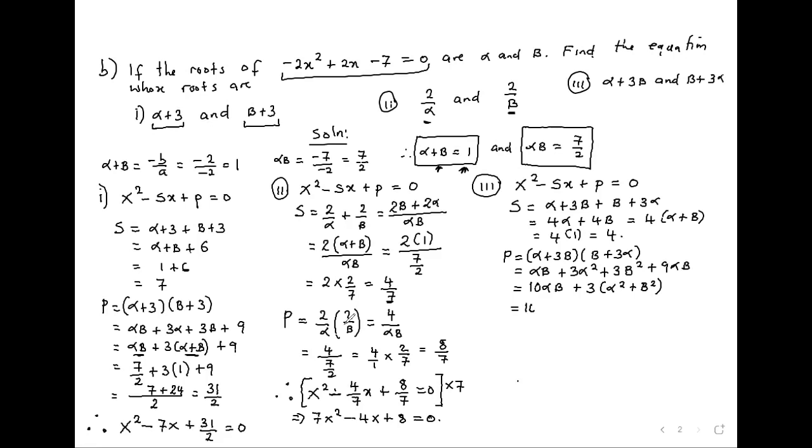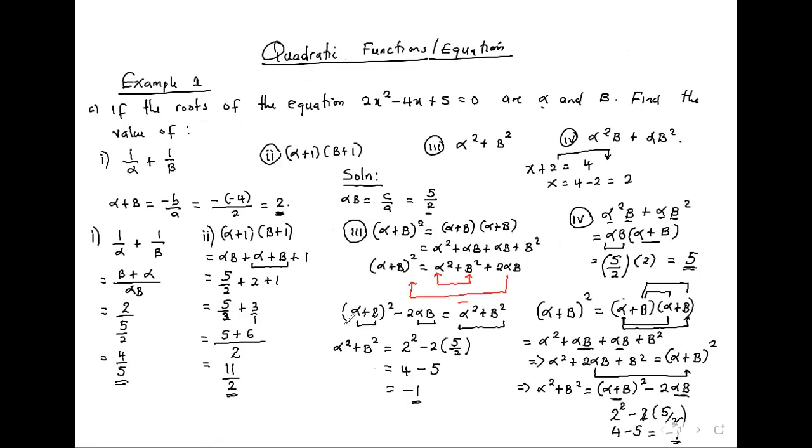So we get 10 alpha beta plus 3 open brackets. What is alpha squared plus beta squared? It's here. The expression is here. It is alpha plus beta squared minus 2 alpha beta, which is also here.